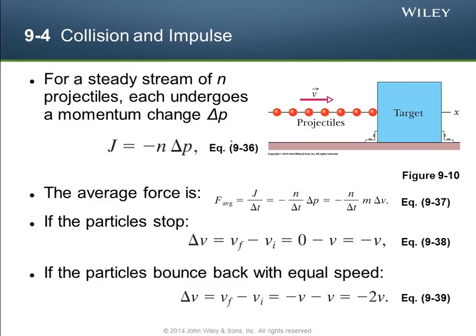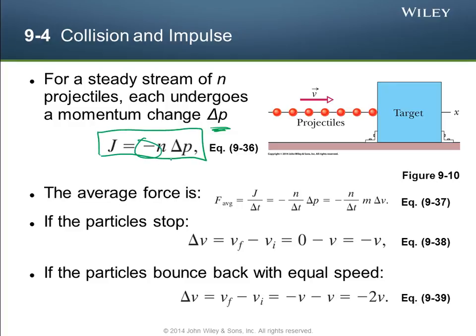Now, for a steady stream of n projectiles, say this is a machine gun shooting bullets into a target, or it could be anything with a steady stream, like a beam of electrons hitting a screen, we can say that each undergoes a momentum change of delta p. And the impulse is going to be the number of particles times that delta p.